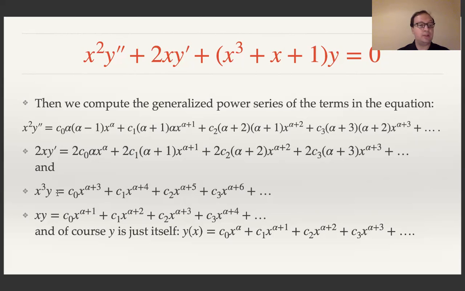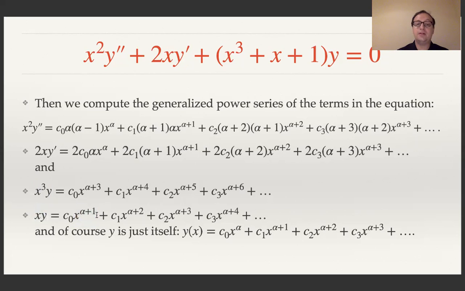The next term does not contain x to the alpha, so x cubed y does not have any term with power x to the alpha. The next term, x times y, also does not contain x to the alpha. It starts with power x to the alpha plus 1.